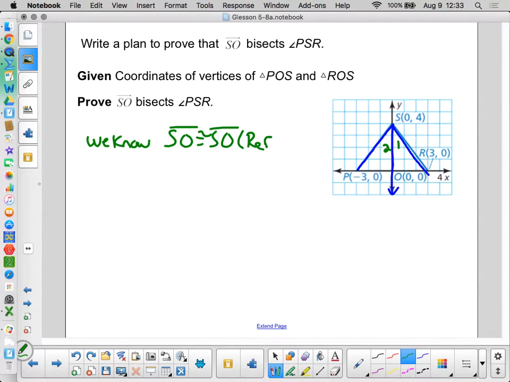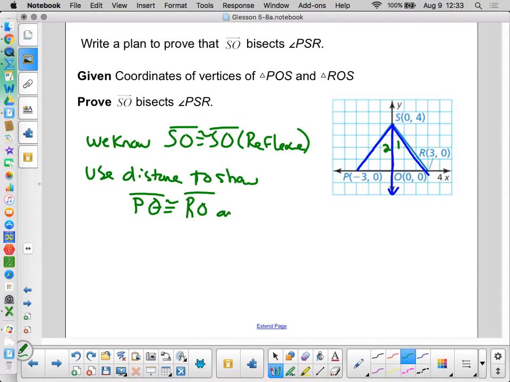That's reflexive. Then use distance to show that PO is congruent to RO and PS is congruent to RS.